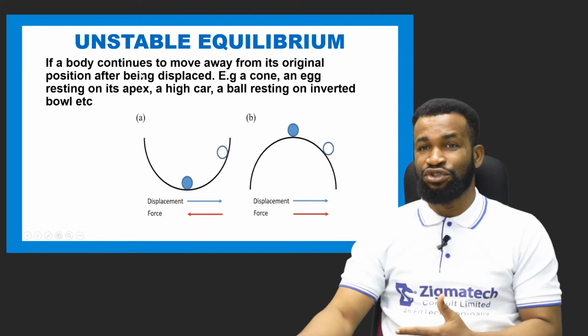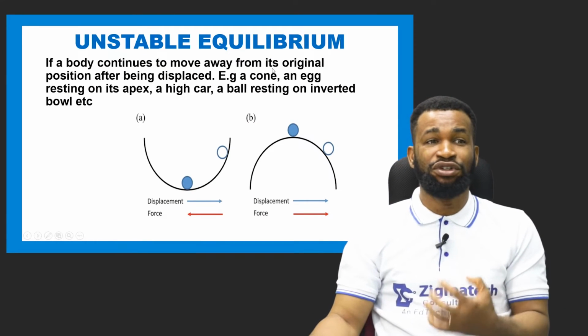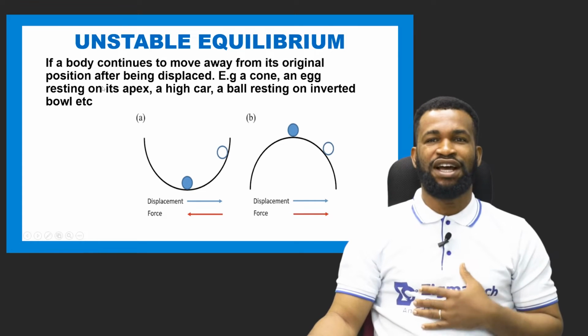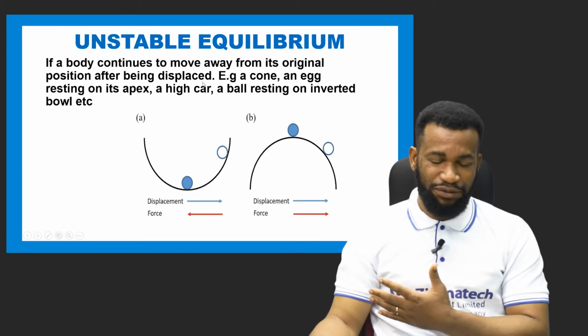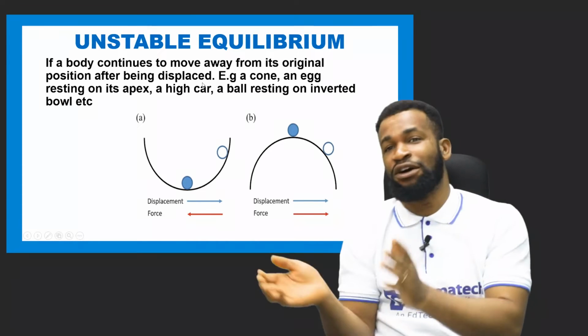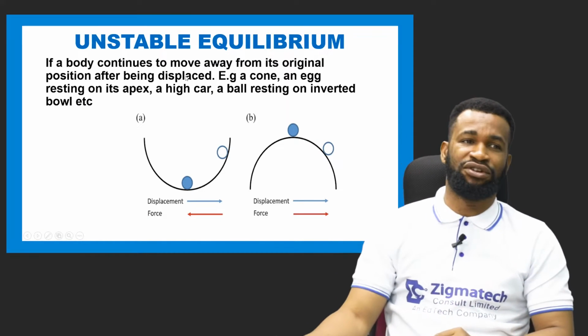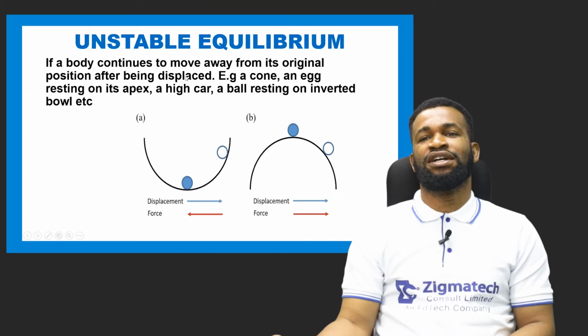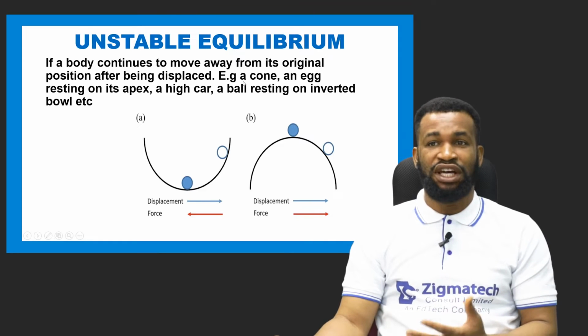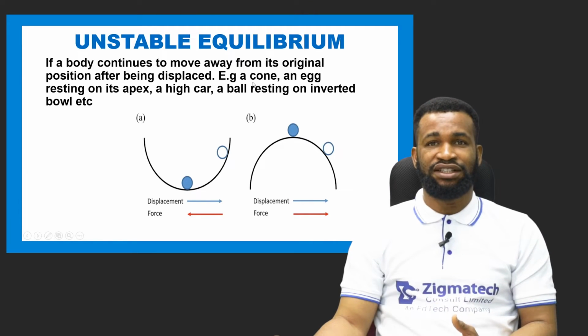If a body continues to move away from its original position after being displaced, for example by a little push, it falls down away from where it was staying, we say that the body is in unstable equilibrium. For example, a cone.